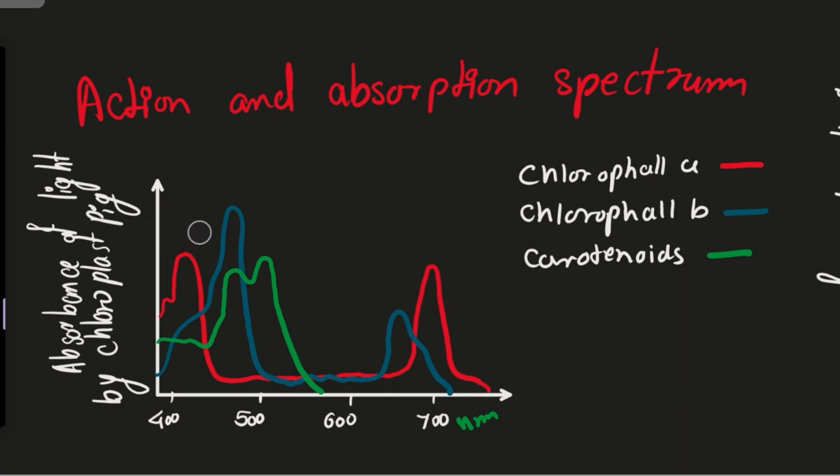You can see that chlorophyll A has maximum absorption at around 400 and 700, which is the blue light region and red light region. Chlorophyll B also has maximum in this region only. Carotenoids are absorbing light between 400 to 500 nanometers.